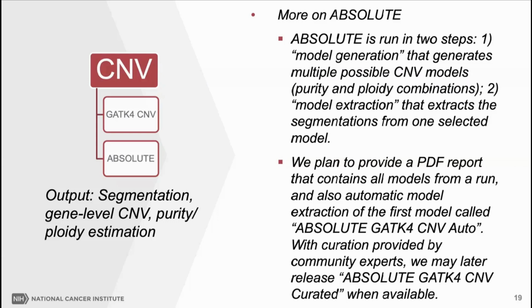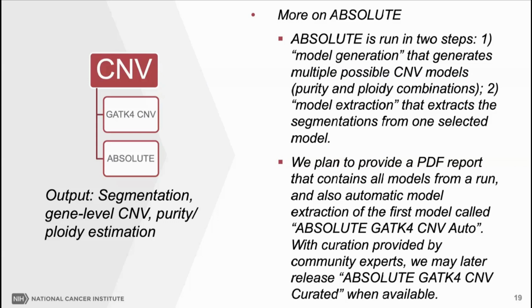By default, the first model in this PDF is used for the GDC automatic extraction. The result will appear in the GDC data portal as Absolute GATK4 CNV R2. That's the name of this pipeline.